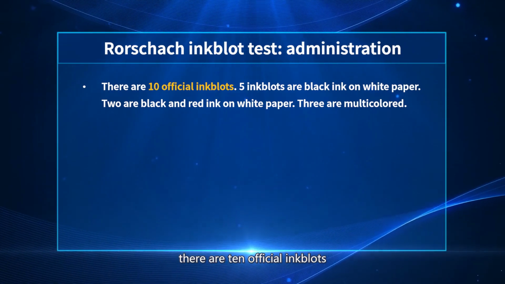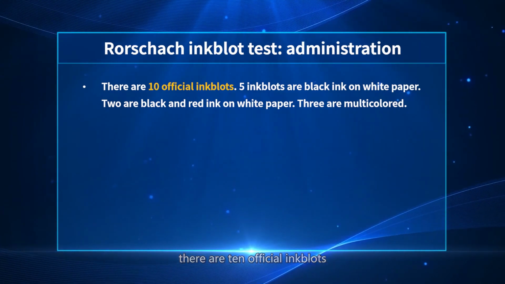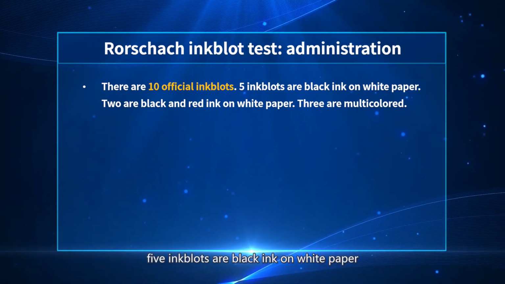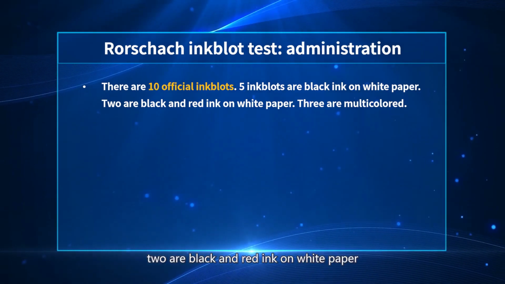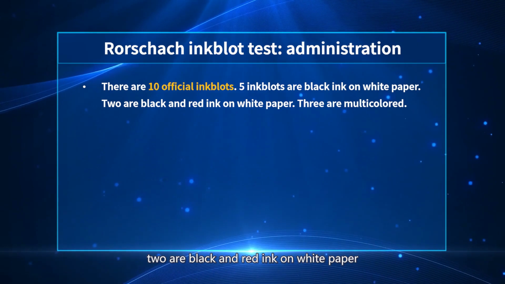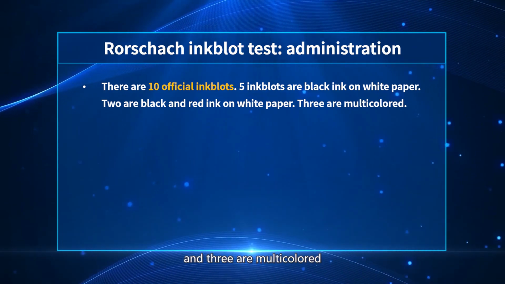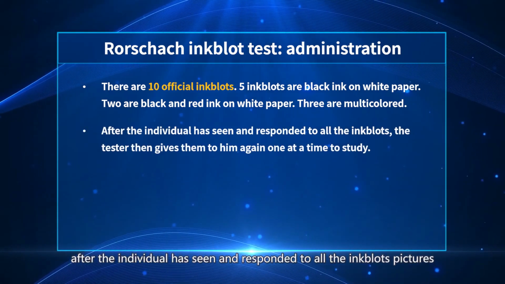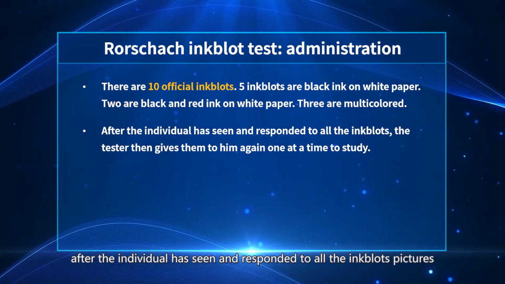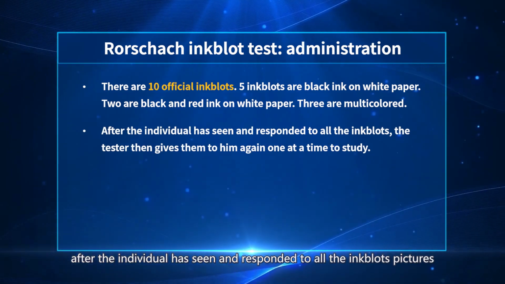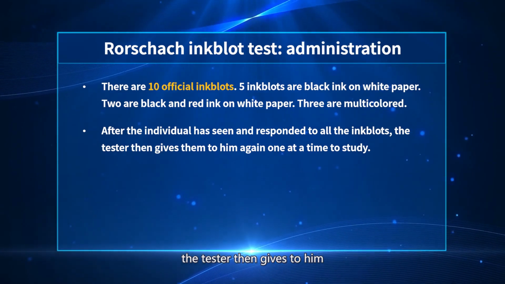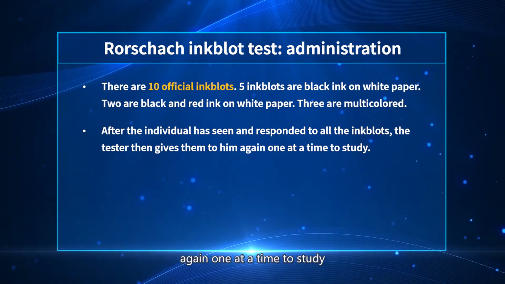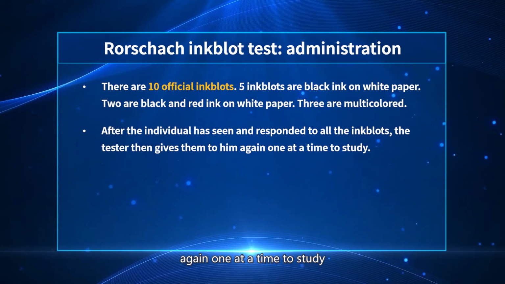There are 10 official ink blots. Five ink blots are black ink on white paper, two are black and red ink on white paper, and three are multicolored. After the individual has seen and responded to all the ink blot pictures, the tester then gives them to him again, one at a time, to study.